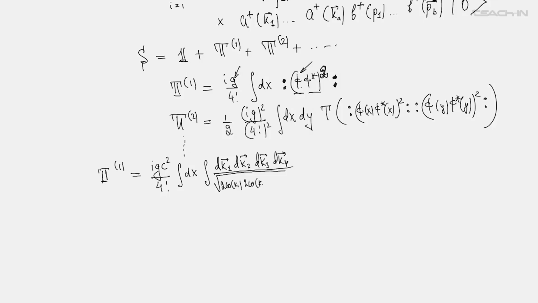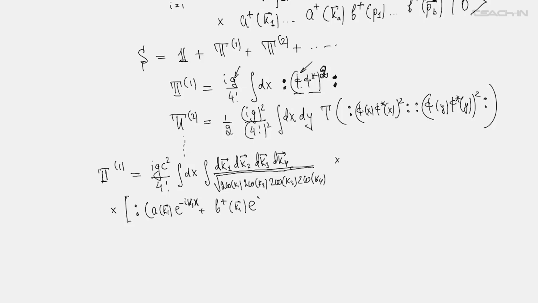And then fields, which means you get the normal ordered product. The first field, A on k1, exponential minus i k1x. I write this product now in the relativistic form. So k1 multiplied by x, this is a product of 4 vectors. B dagger on k1, exponential i k1x.